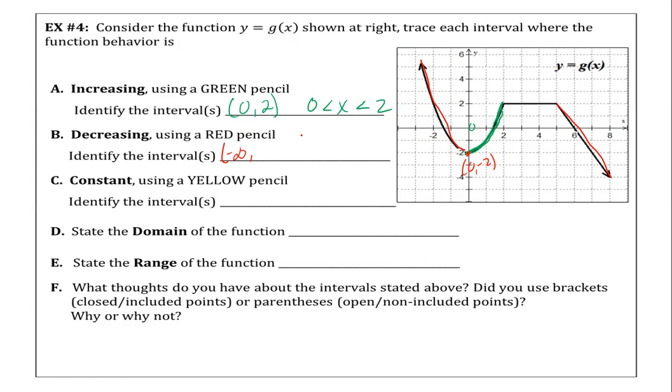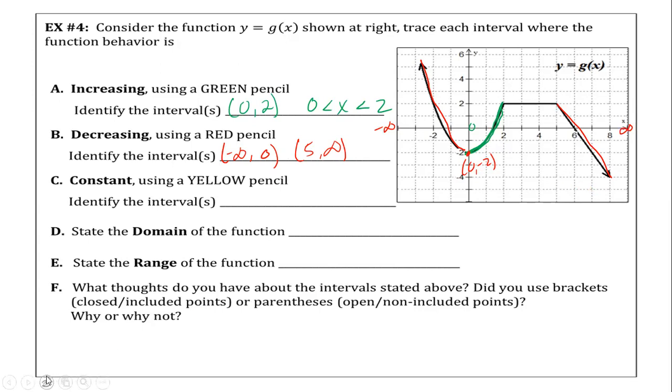I stop at 0. It's all defined by the x. And then where else do I decrease? From 5 to infinity. Negative infinity is to the left, and positive infinity is to the right.